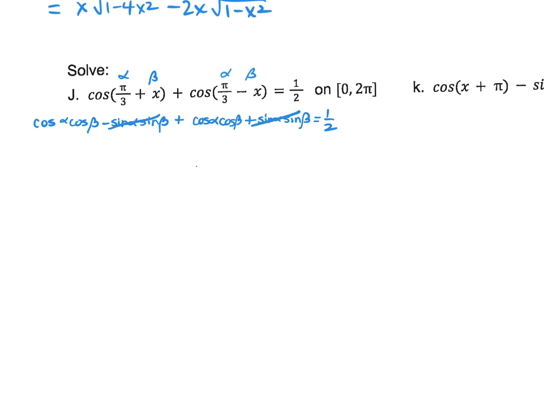And cosine alpha, cosine beta, they're both the same, aren't they? So we add them together and we get what? Now let's fill in what those are. 2 cosine, what's alpha? And what's beta? What is the cosine of pi over 3?